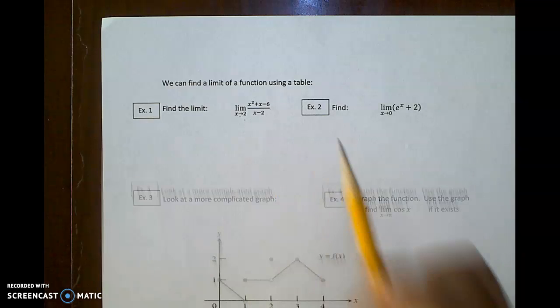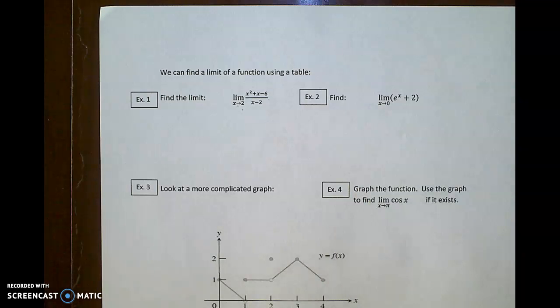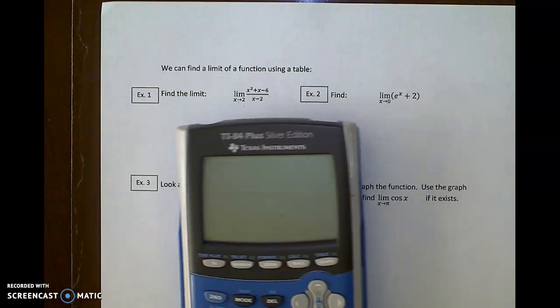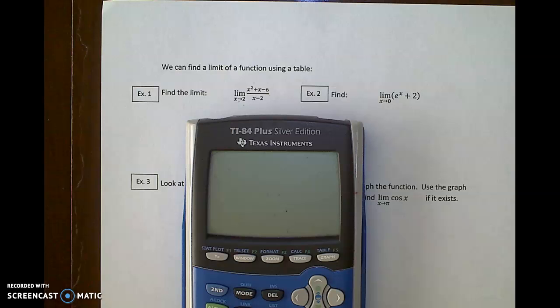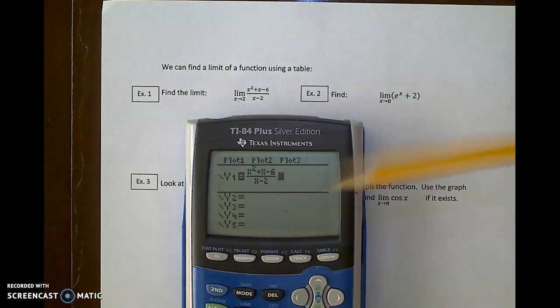So we're going to approach it a different way, by using our graphing calculator to make a table. In the y equals screen of your calculator, you enter the expression for the function. So here I have x squared plus x minus 6 over x minus 2.